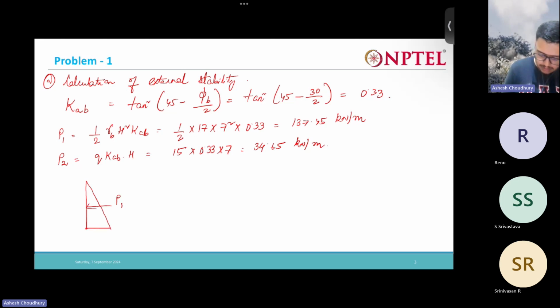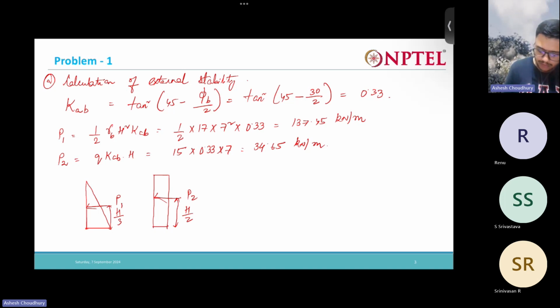This is P1, and P2 will be something like this. The height of P1 acts at H by 3, and this height is H by 2.